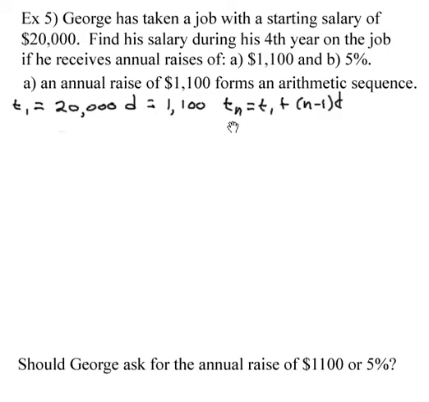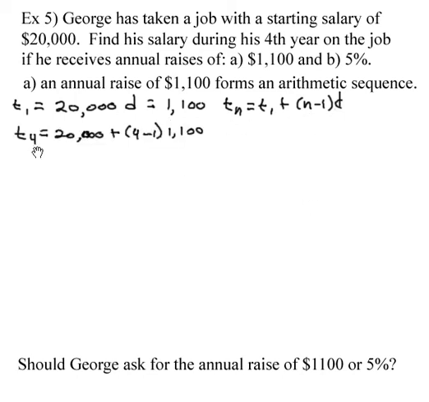And there's the formula for a reminder: T sub n equals T sub 1 plus n minus 1 times d. In this case, we want to know his salary on the fourth year, so we substitute 4 for the n's. We already said T sub 1, the first term, is 20,000, and the common difference is 1,100.